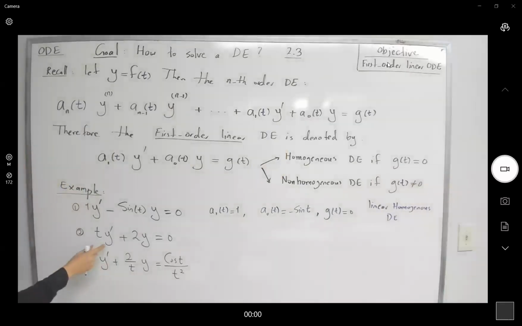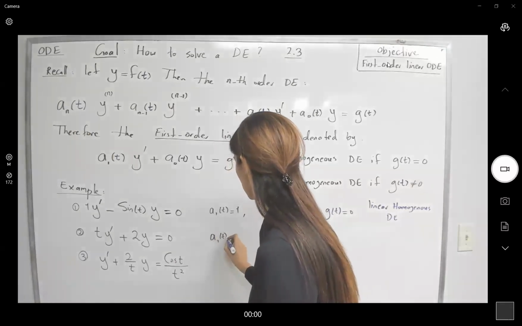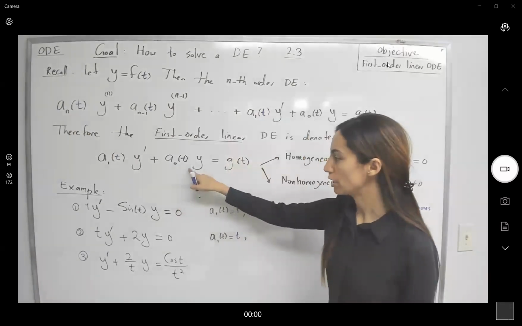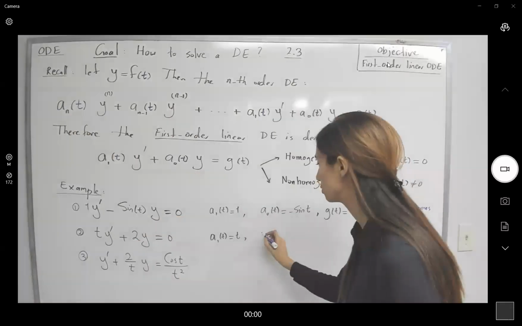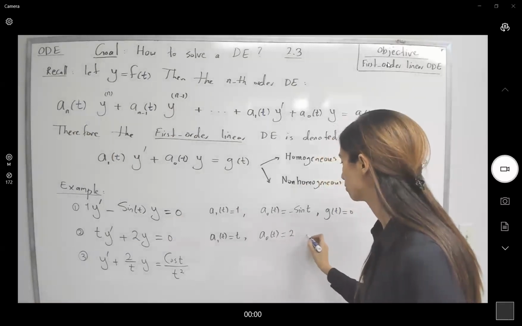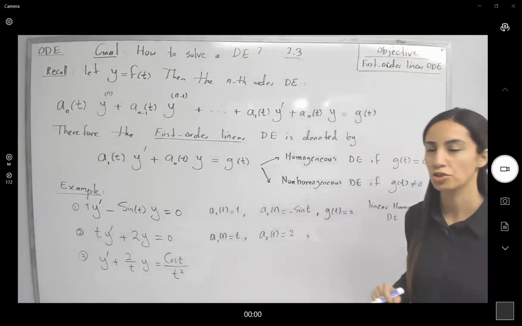What about the second one? The second one, the coefficient of y prime is t. So a sub 1 of t is just t. Well, the coefficient of y is just a constant. It is 2. A sub 0 of t is equal to 2. And finally, the function on the right-hand side is just 0.